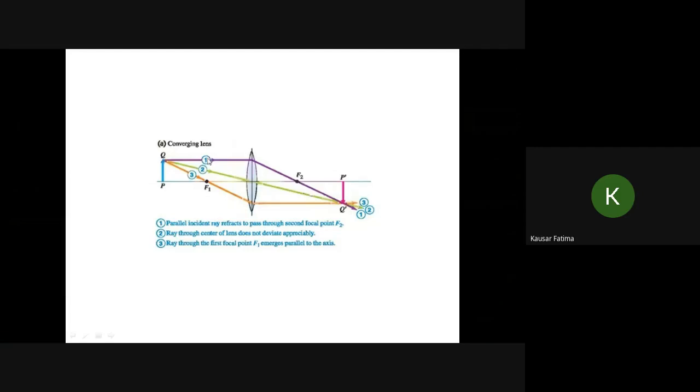Again, a simple diagram, more clear. First, second, third. The first ray is parallel to the principal axis going this way. This is going undeviated, and this is striking the lens through the principal focus on this side. It will be parallel after passing through the lens.